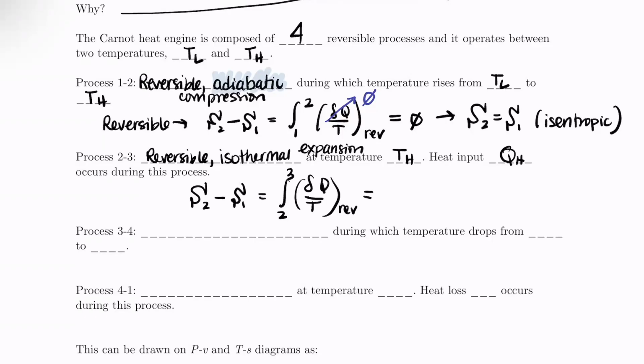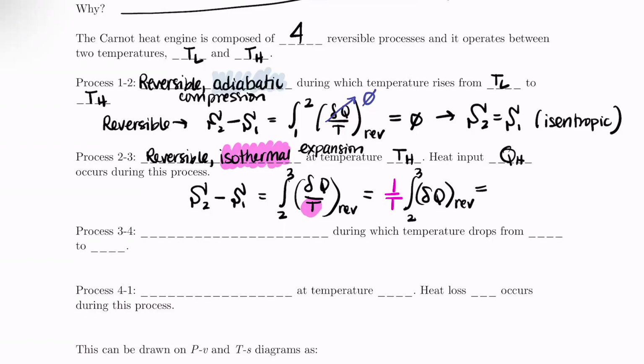Since this is isothermal, I can bring my 1 over T out to the front. So I have 1 over T times the integral from 2 to 3 of delta Q over that reversible process.